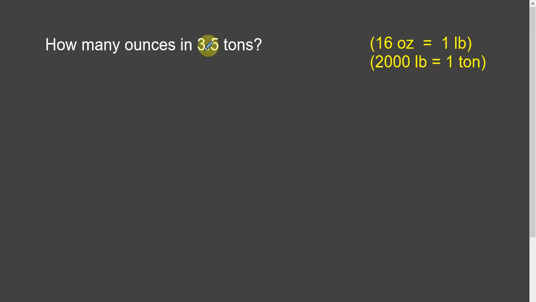We might have to first convert tons to pounds, and then pounds to ounces. So let's do it that way. So tons to pounds, so we know 2,000 pounds is 1 ton. And we have 3.5 tons, and we want to know how many pounds that is.